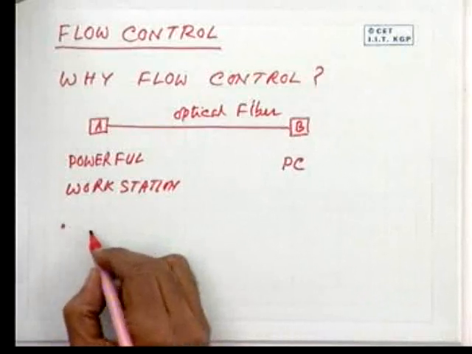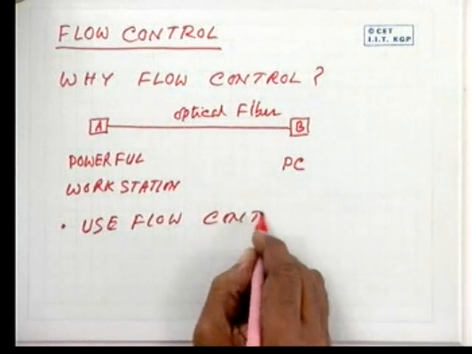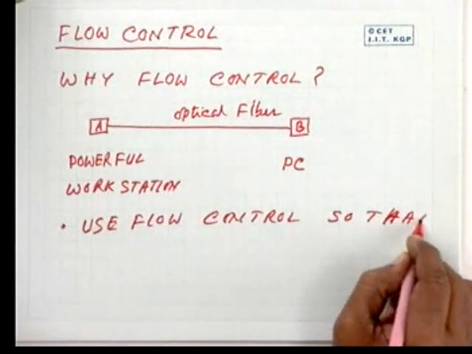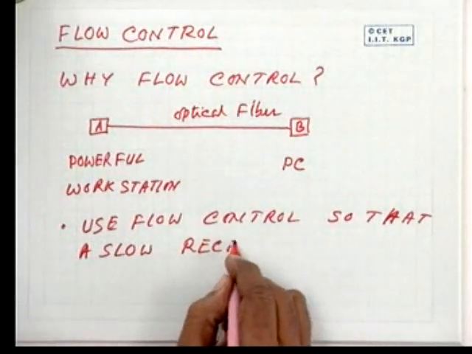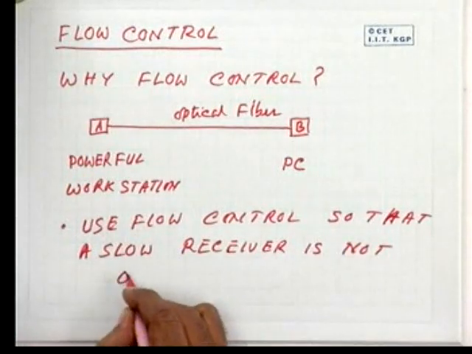The receiver, if it is a slow one, will be overwhelmed. How to protect the slow receiver from a fast sender? That is the basic concept or basic idea behind flow control. So, we have to use flow control so that a slow receiver is not overwhelmed.